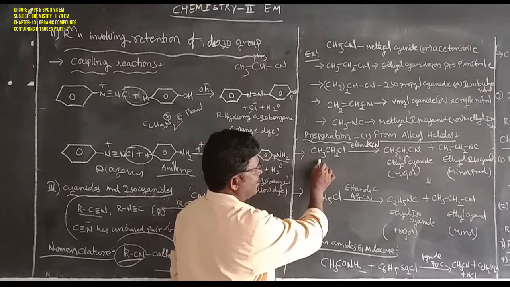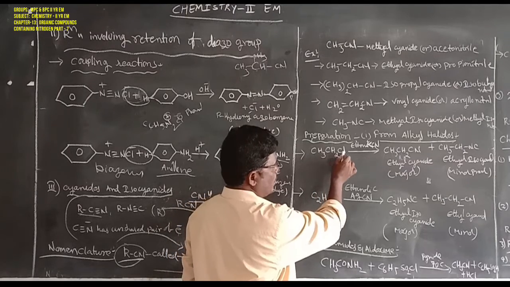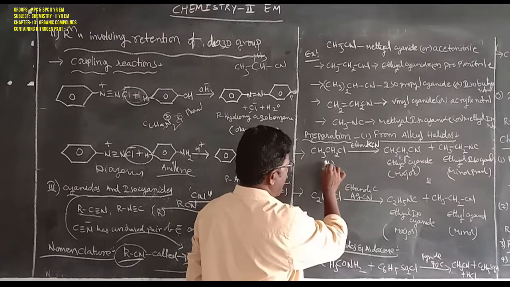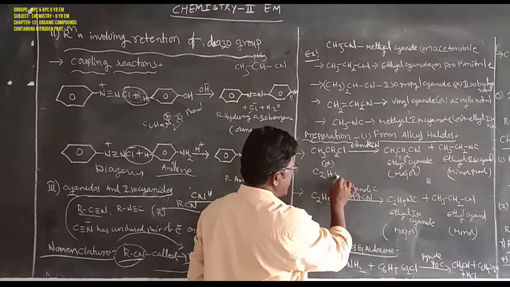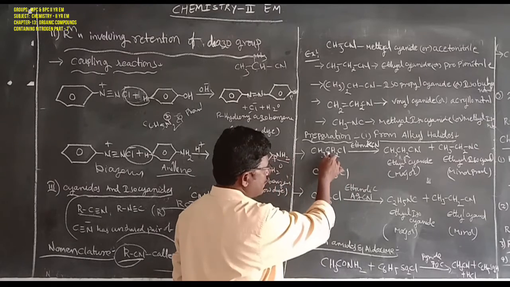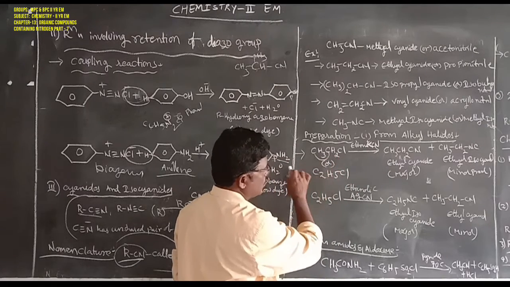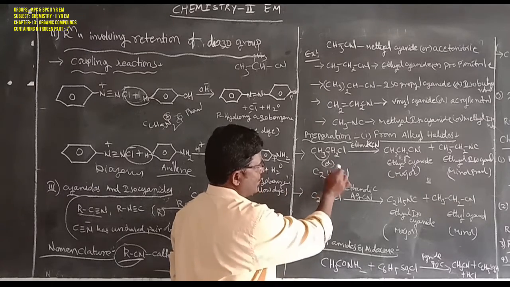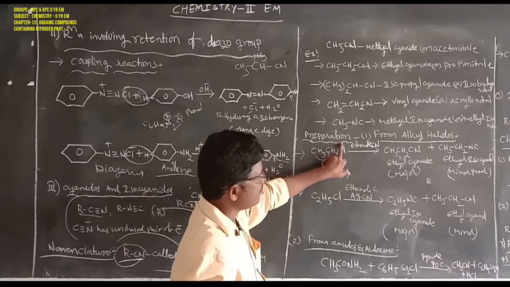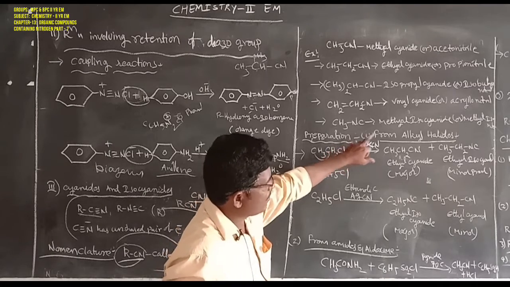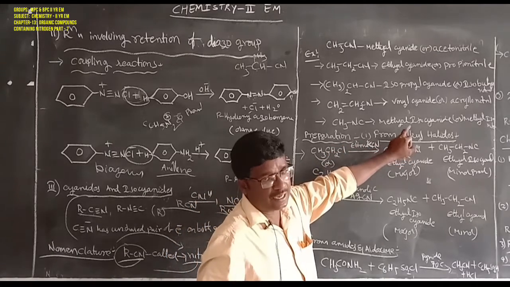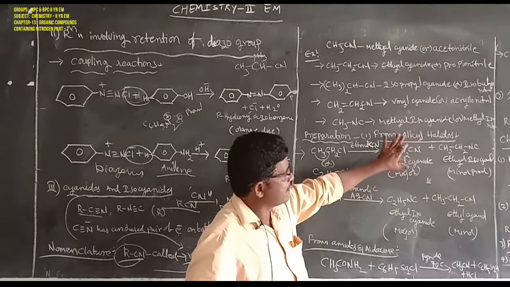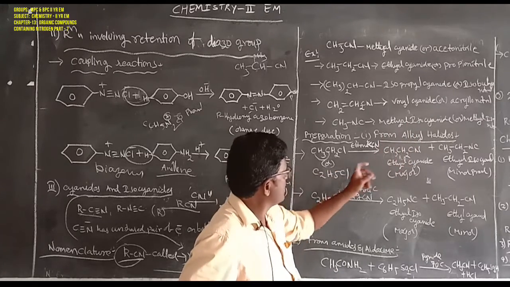Here is the first one, CH3-CH2-Cl, also C2H5Cl. Due to the presence of 2 carbon atoms, C2H5Cl, the preparation is from alkyl halides. Halides are chlorine, bromine, iodine, also called 7th group elements.